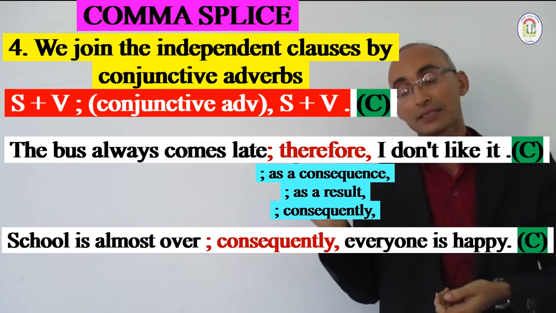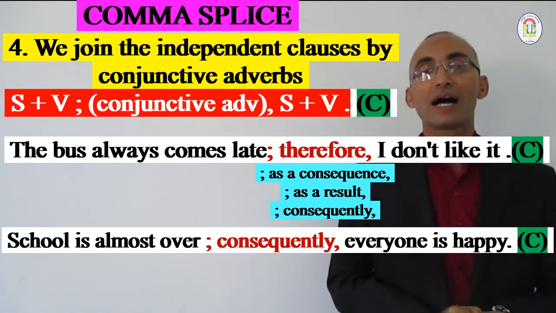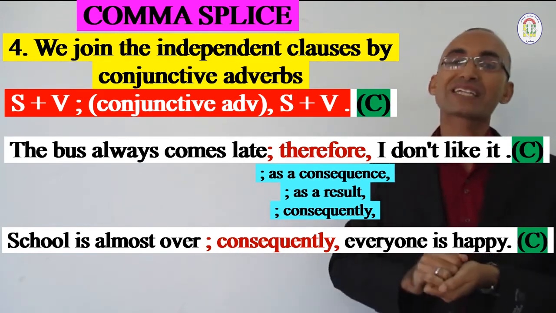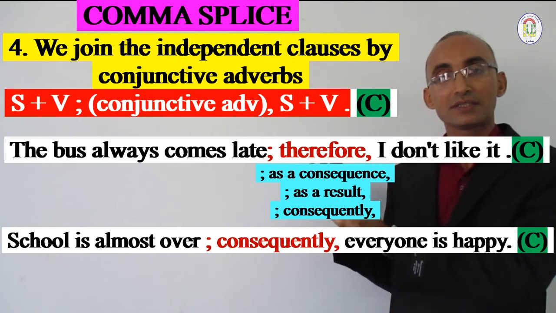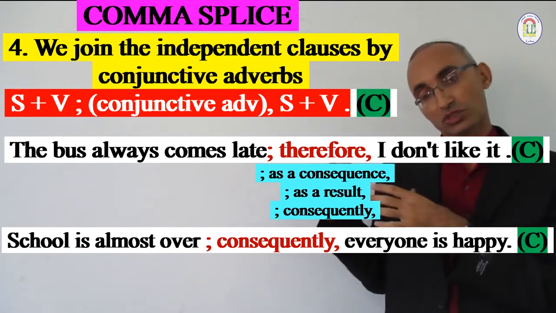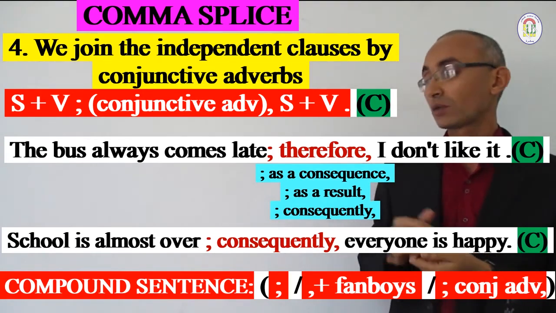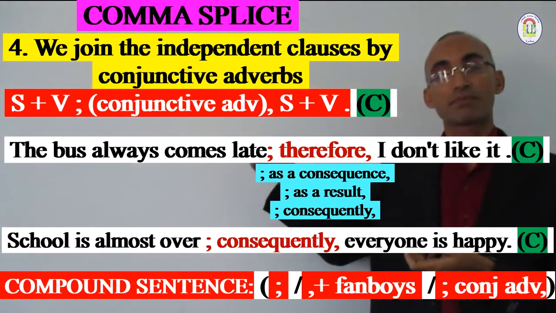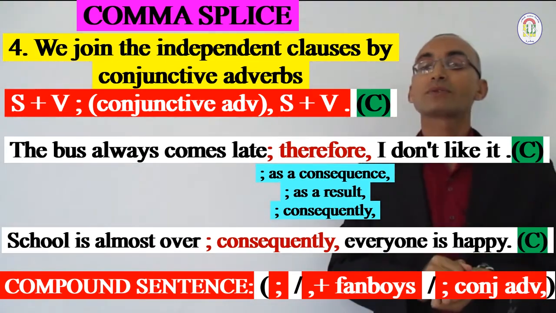Of course, with the correct punctuation before and after these conjunctive adverbs. Good. Now, in all the previous cases, we have kept the same type of sentence, which is here compound. Always, when we join two independent clauses using one of these, especially semicolon, comma with fun boys, and conjunctive adverbs, it is a compound sentence.